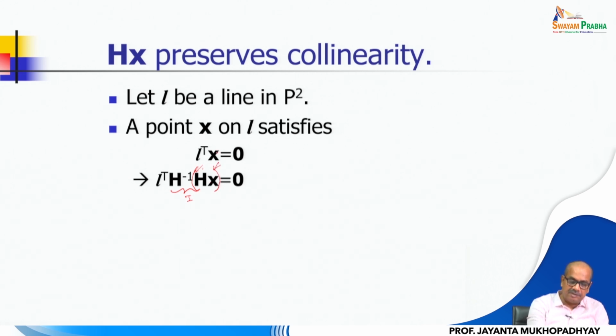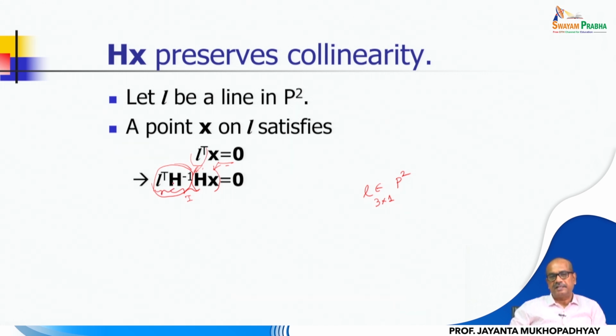So any point lying on this line, all the transformed points satisfying this equation, are also lying on a line. Now this could be another line, because what is L? L is a line, and we know that L is also an element of projective space, which is a 3 cross 1 column vector.